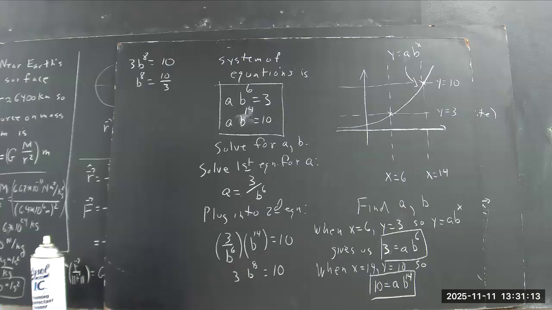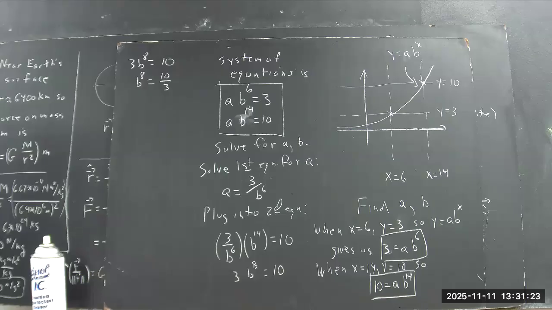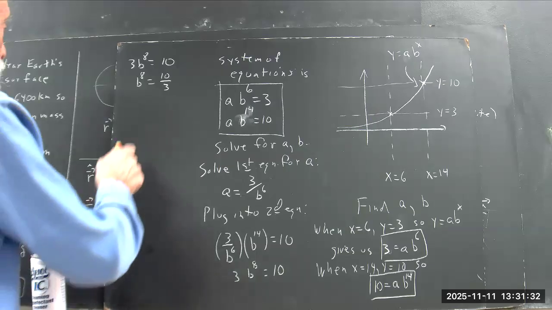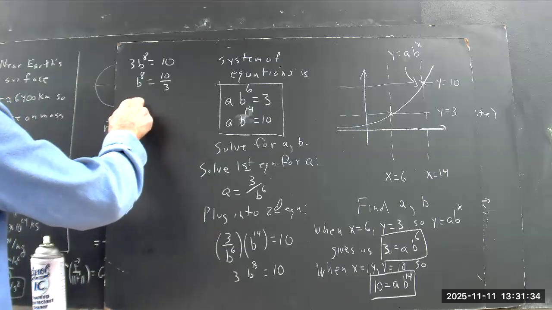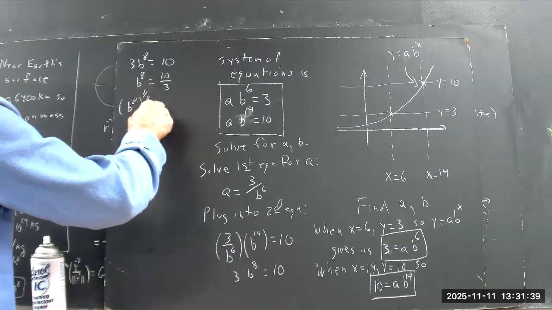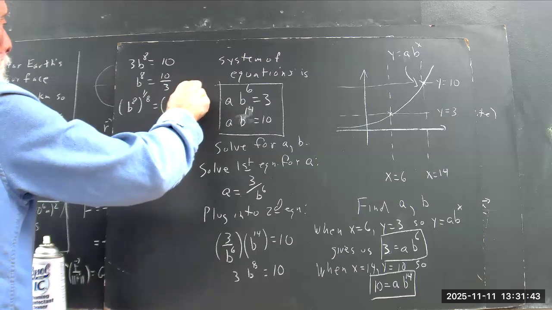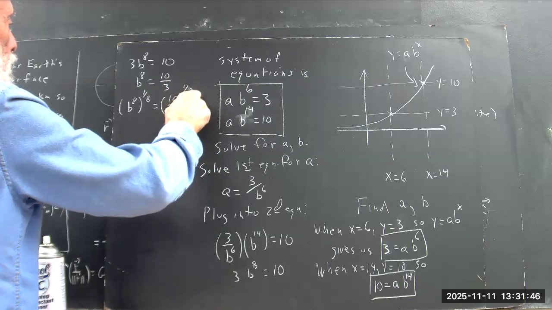So now all we have to do is find b. The way everybody should understand, if you understand the rules for exponents, because some people are really uncomfortable with roots, and some people are very comfortable with roots. I'm going to write this as b to the 8th to the 1/8 power equals 10/3 to the 1/8 power.